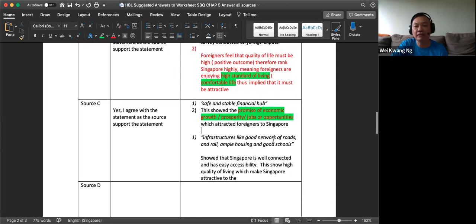So this whole idea about a good network means that it is well connected and has high accessibility. So this shows high quality of living, which makes them attractive to the foreigners.